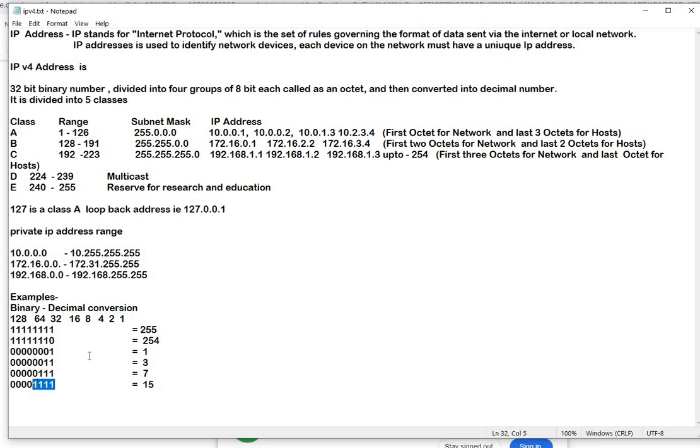If we make 4 ones, 1, 2, 4, 8, it becomes 15. So this is a sequence, just an example for converting binary to decimal. No need to understand the whole process, just keep this sequence in mind, and by these place values you can convert binary into decimal.